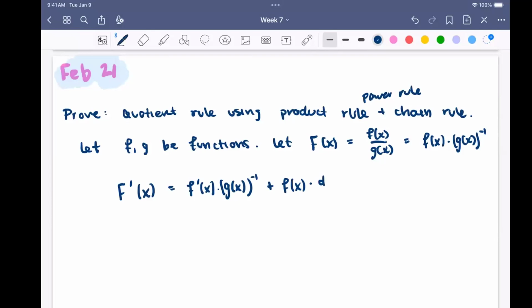For now I'll just write this as d/dx of g of x to the -1.